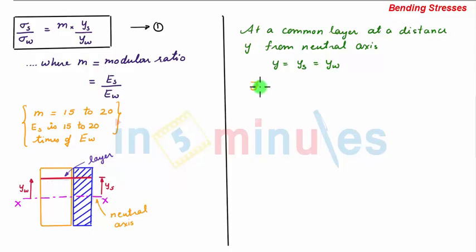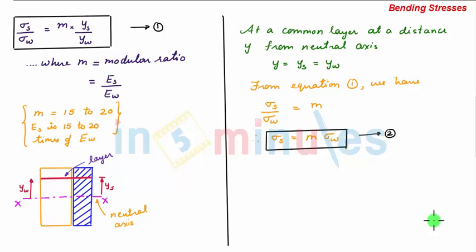From equation 1 we have sigma S by sigma W is equal to m, or we may write as sigma S is equal to m times sigma W. So this gives another important relation between the stress in the steel and wood at a given particular layer. So stress in steel section at this layer is equal to m times the stress in the wood section at the same layer from the neutral axis.